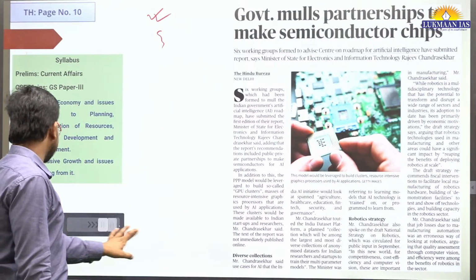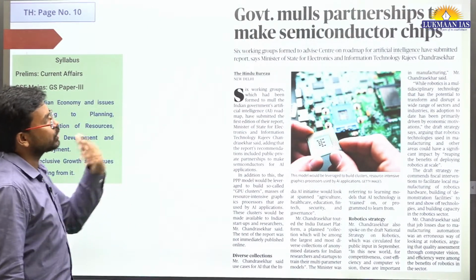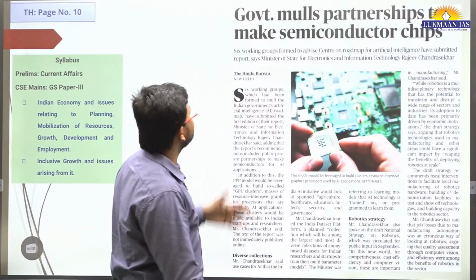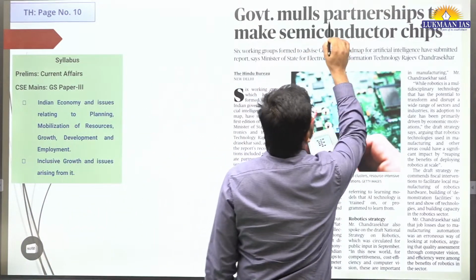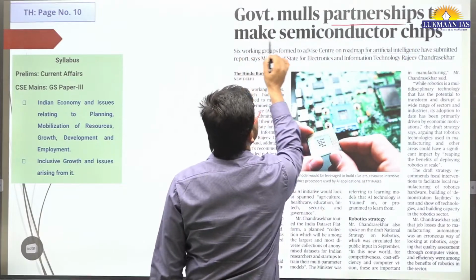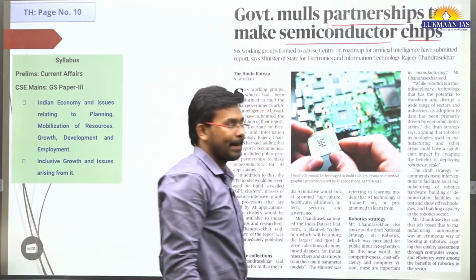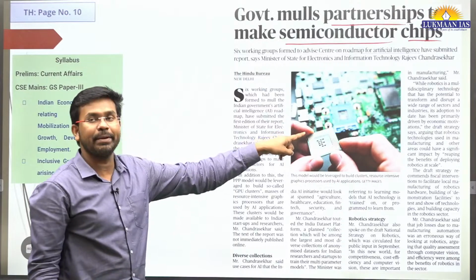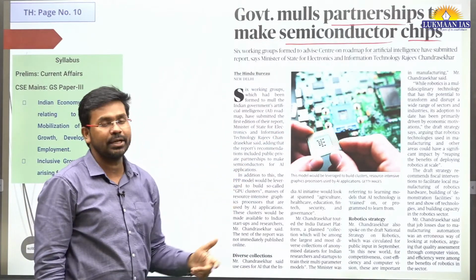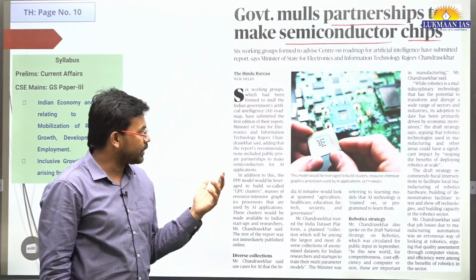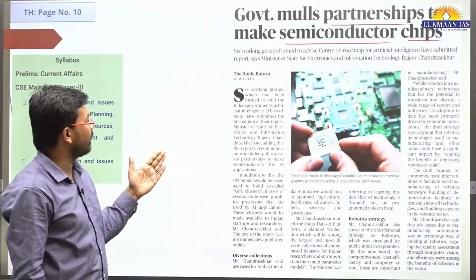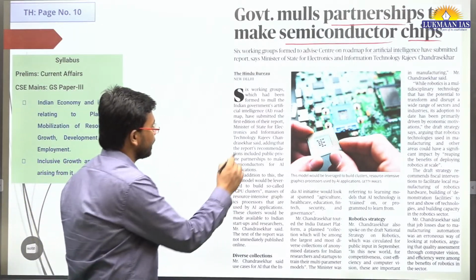This topic is related to science and technology, and it's also important for the economy. It says government mulls partnership to make semiconductor chips. Making semiconductor chips comes under the Ministry of Electronics and Information Technology.